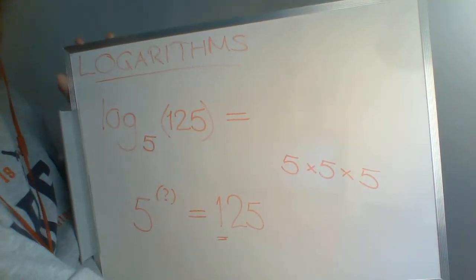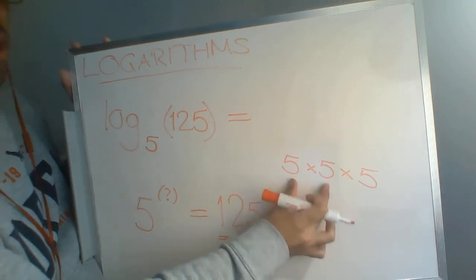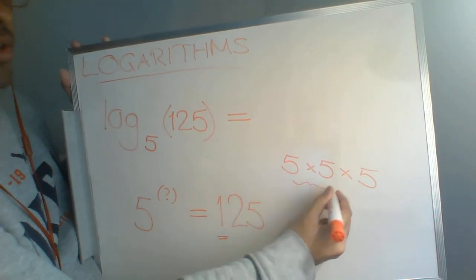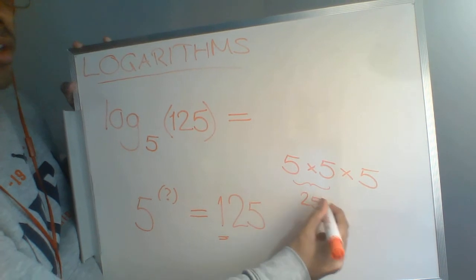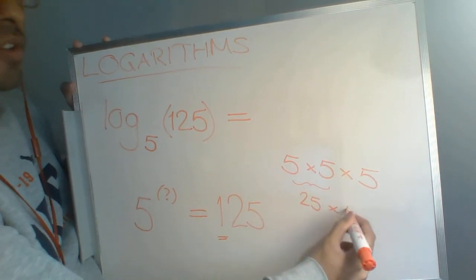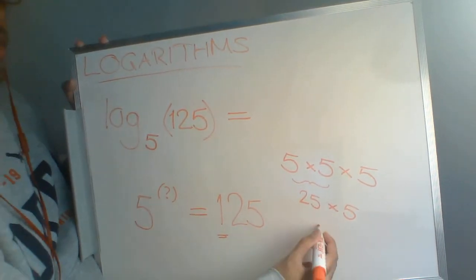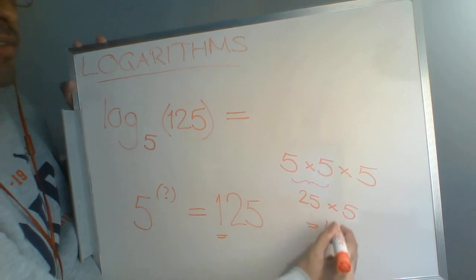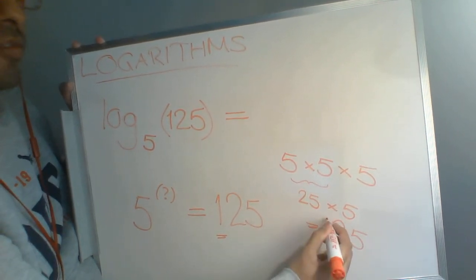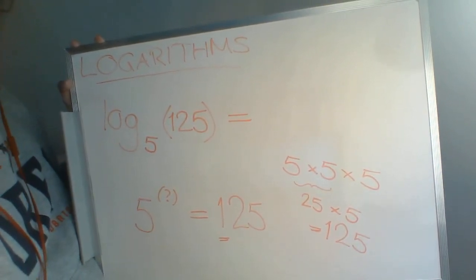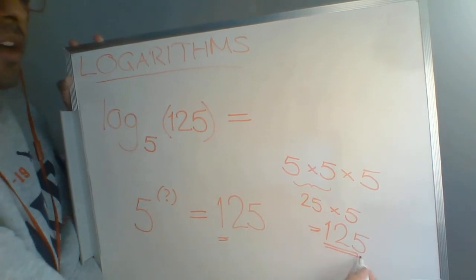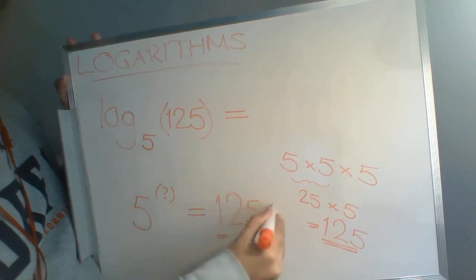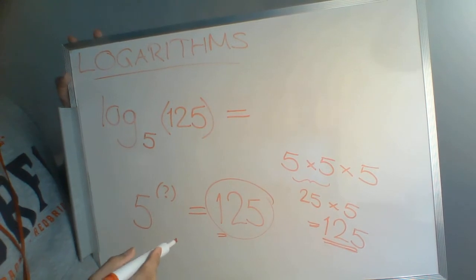So if we do 5 times 5 times 5, well, we already know that the product of these first two is going to be 25. So what we're really doing is 25 times 5, which, if you go ahead and calculate that, is going to give you 125. So that 125 there is our target answer, right? That's what we were looking for over here.